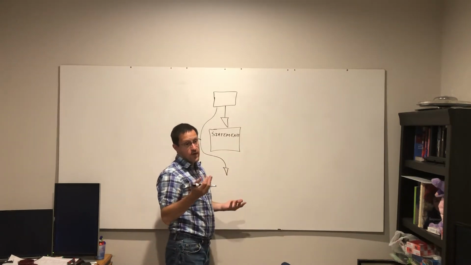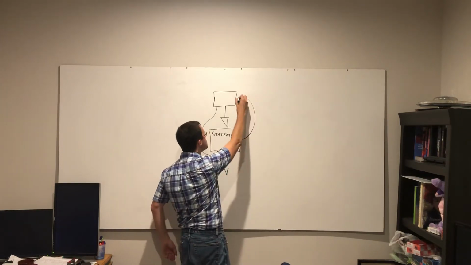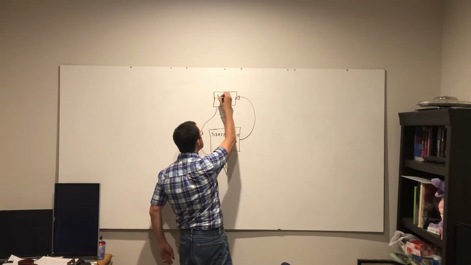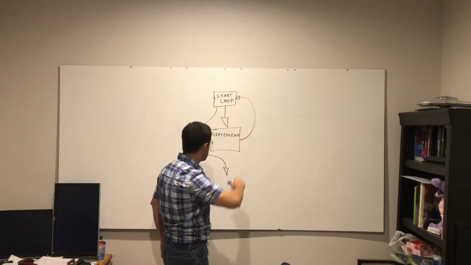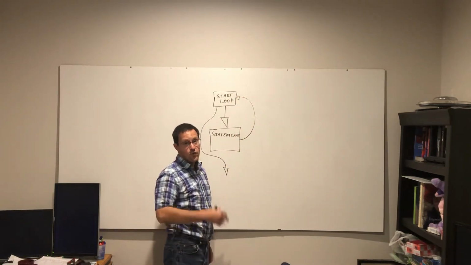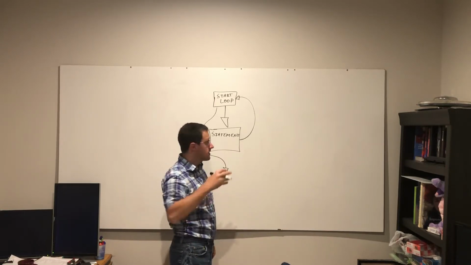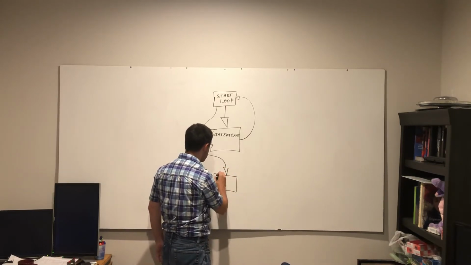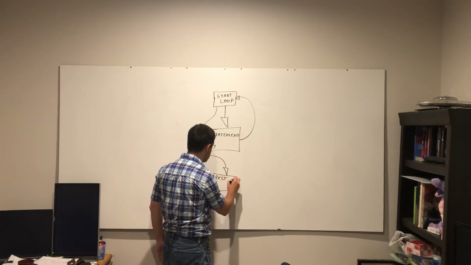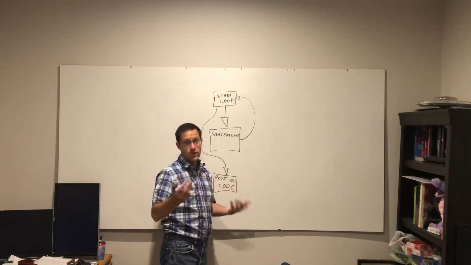So in our loop, we have a series of statements, and we do those statements over and over again. That's the whole point of a loop, to repeat something. And when we're done with the loop, we then continue on with the rest of the code.